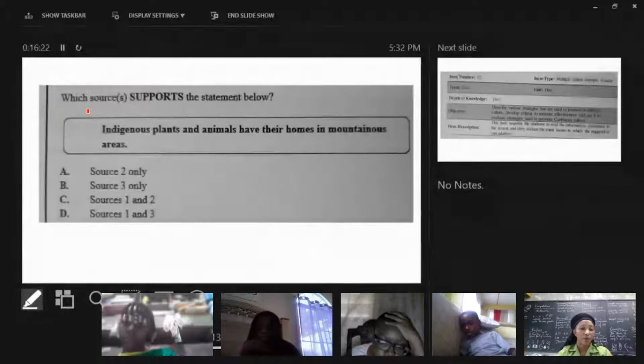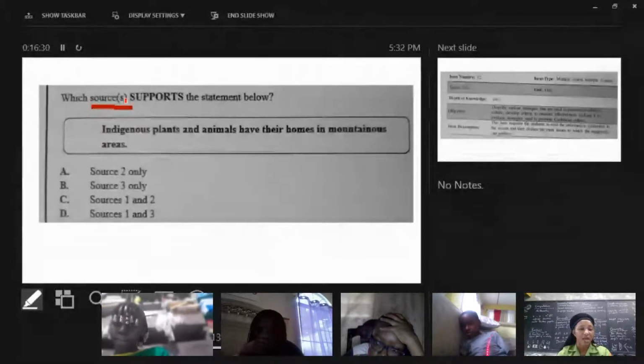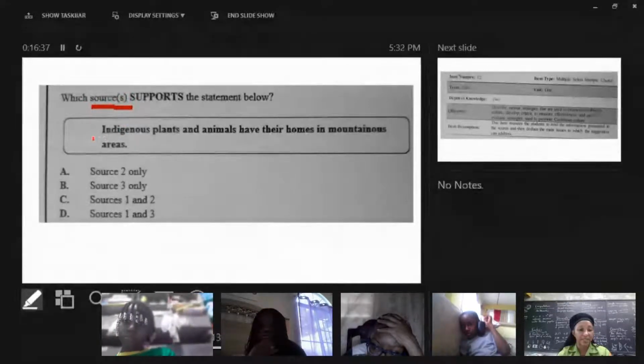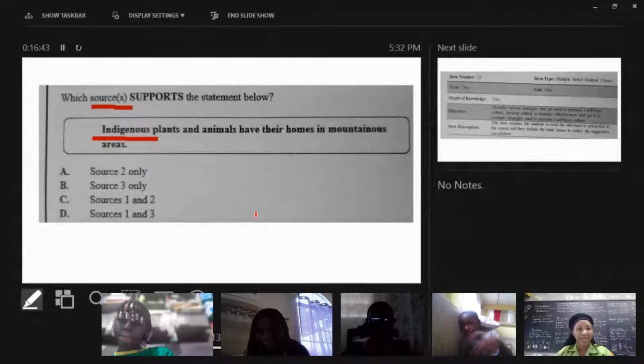All right. So, hold on a minute, please, Madison. When you see source and an S in the bracket, you read it as source or sources, because you can choose one or more than one. And what are indigenous plants and animals? What does it mean when something is indigenous? Go ahead, Madison.